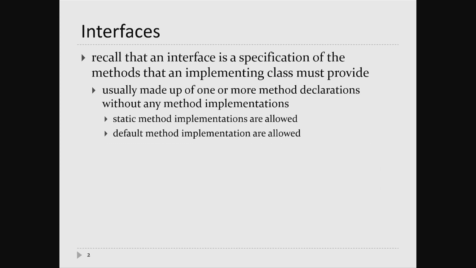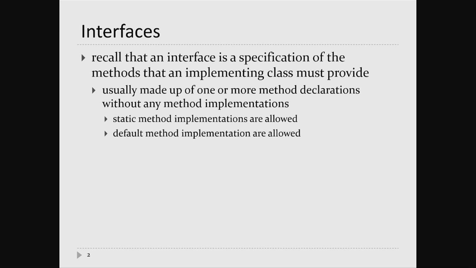What I'm going to talk about today are interfaces. Right? So we've actually seen interfaces in the class already. You know that an interface is simply a specification of the methods that an implementing class must provide. Usually, an interface is just made up of a bunch of method declarations. There's no implementation.